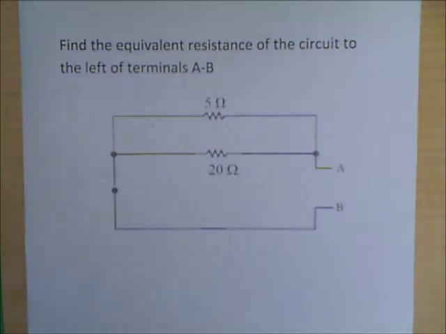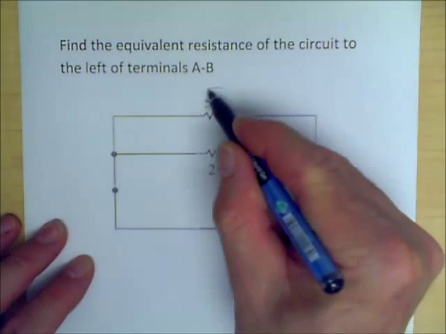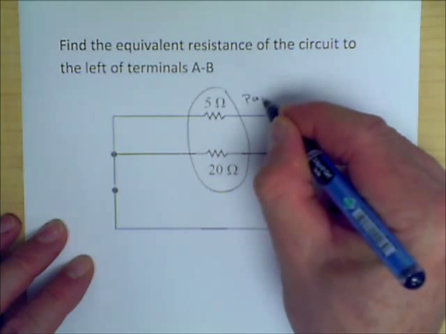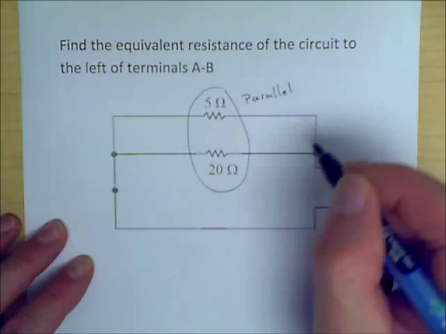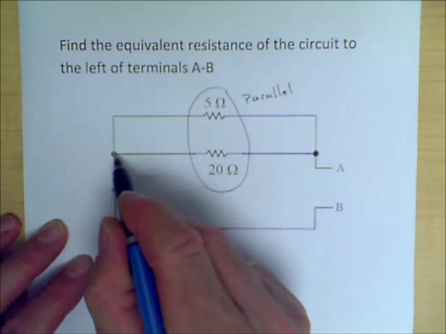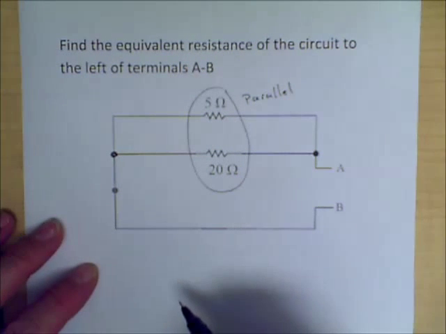We'll draw it as it is, and we can see directly that the 5 ohm resistor and the 20 ohm resistor are connected in parallel. We find that whatever voltage is applied across the terminals of the 20 ohm resistor is exactly the same voltage that's applied across the terminals of the 5 ohm resistor.